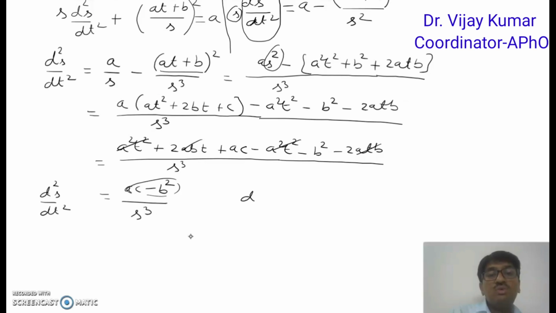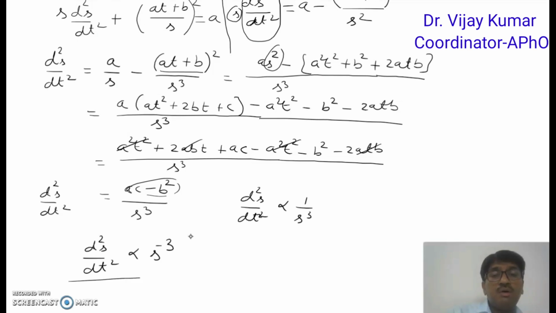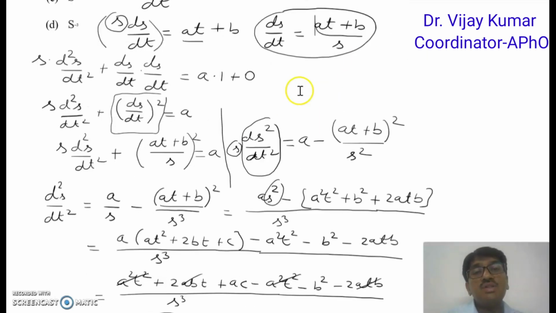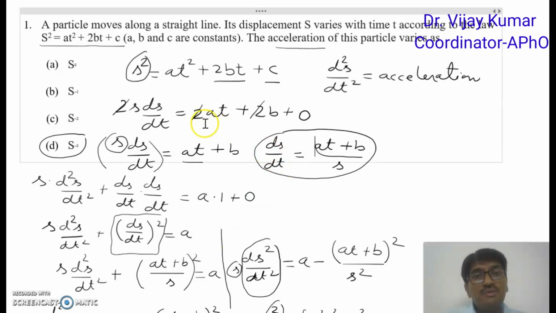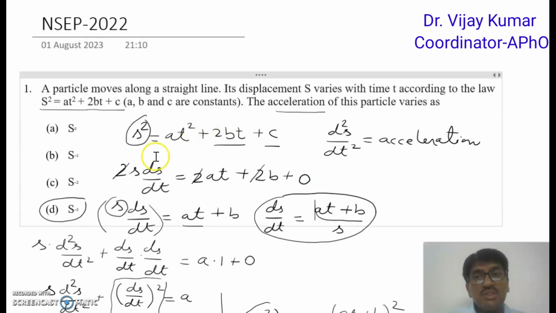So d2s upon dt square is inversely proportional to s cube, or we can say d2s upon dt square is directly proportional to s to the power minus 3, and we can say that in this question, the fourth option is correct. This is the first problem of the NSEP 22 examination.